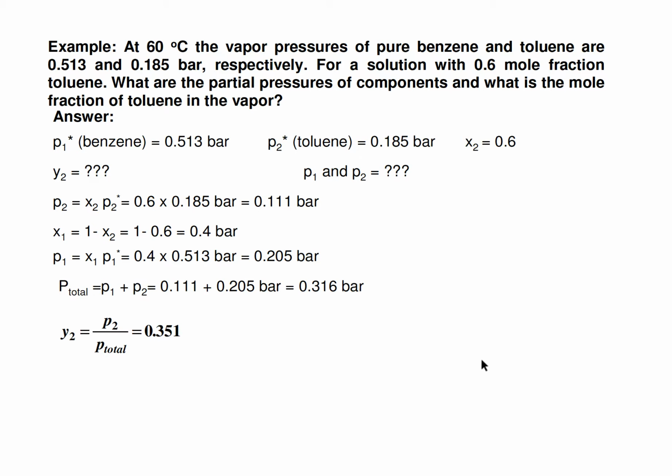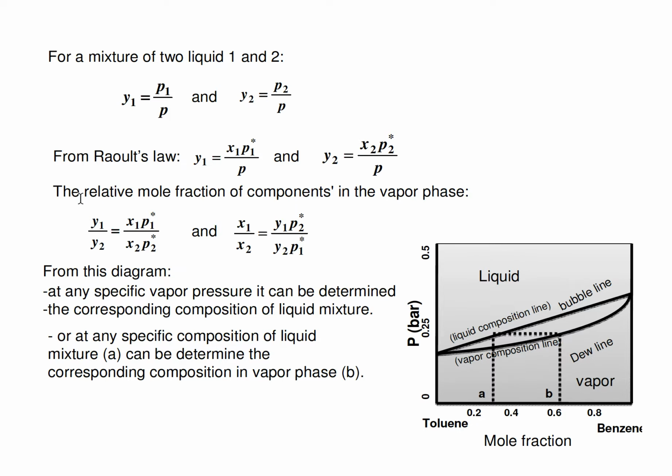Okay, next one, we have one example at 60 degrees C. The vapor pressures of pure benzene and toluene are 0.513 and 0.185 bar respectively, for a solution with 0.6 mole fraction toluene. What are the partial pressures of the components? What is the mole fraction of toluene in the vapor? So we have here pressures P1 and P2, and we don't have Y2. We have from the variation of Raoult's law just now, Y P equals to X P, so we substitute.